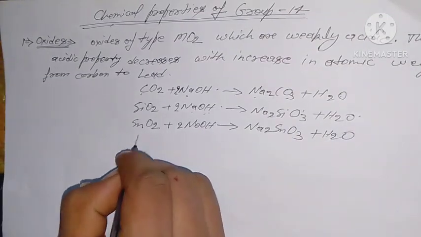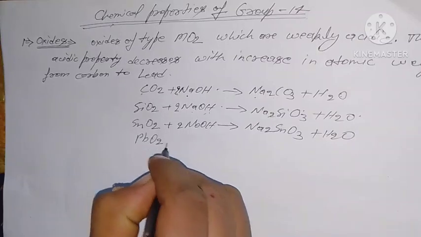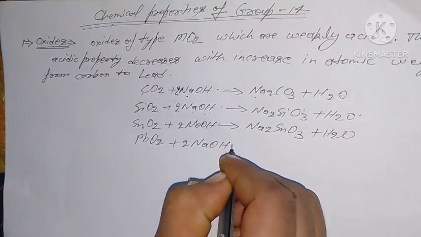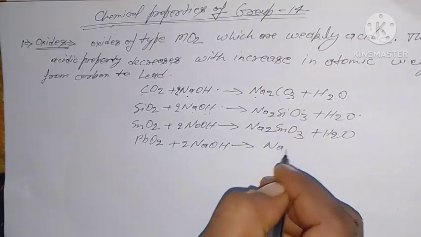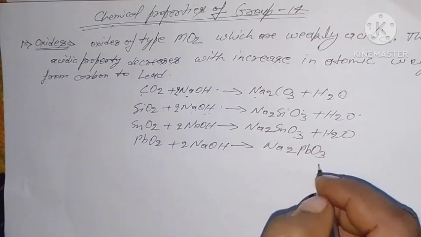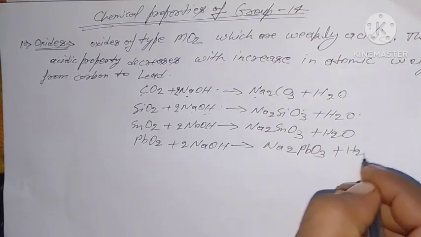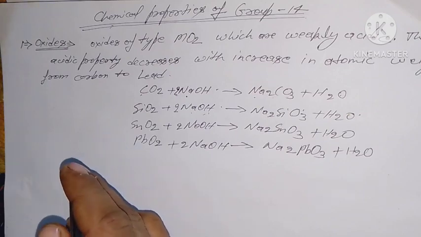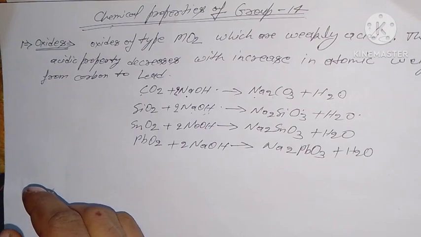And fourth, PbO2 plus 2NaOH gives Na2PbO3 plus H2O. The dioxides of tin and lead are also soluble in acids.